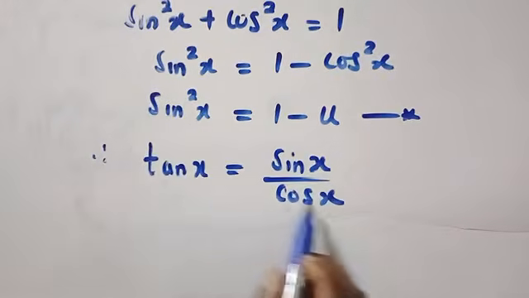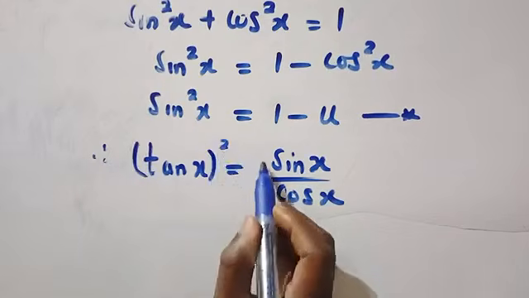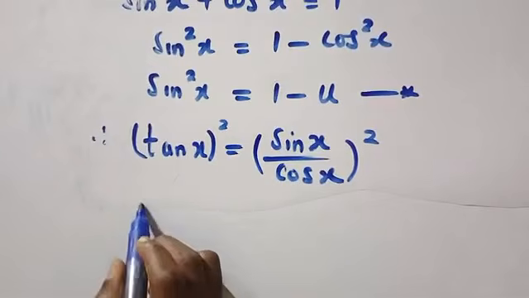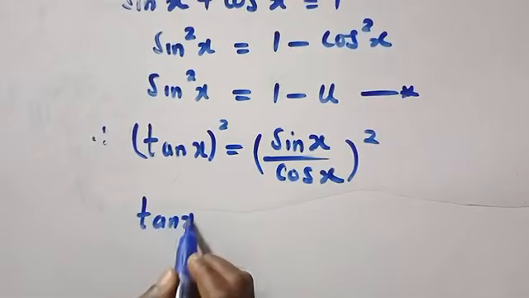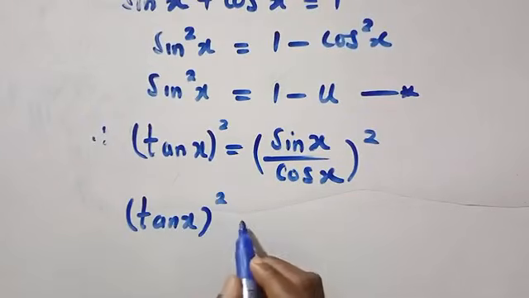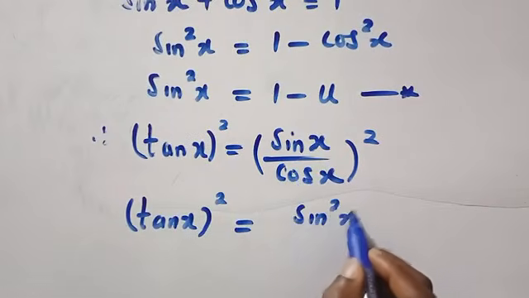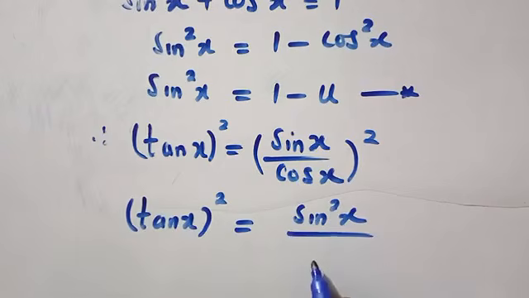Suppose I raise both sides to the power of 2, we are going to have tan²x equals sin² divided by cos².